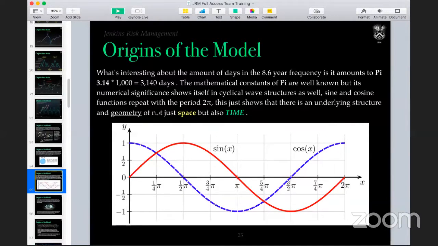Everybody's pretty familiar with the mathematical significance of pi. But when you start to understand the functions of not just geometry, there is a function that goes through the fourth dimension, which is time. So you see in cosine and sine waves, pi is a derivative of that.